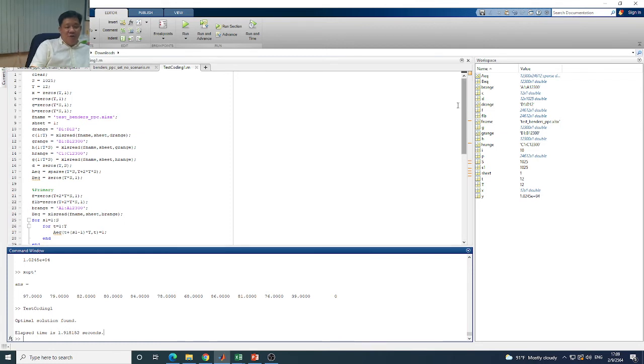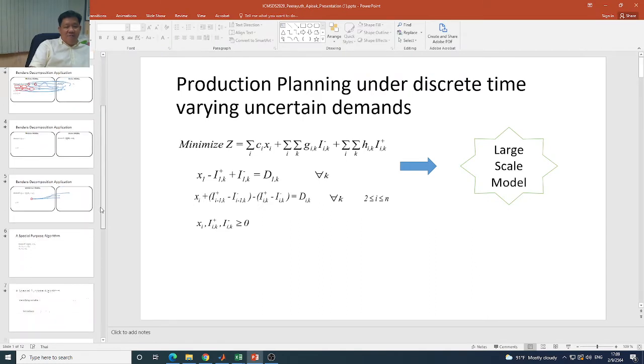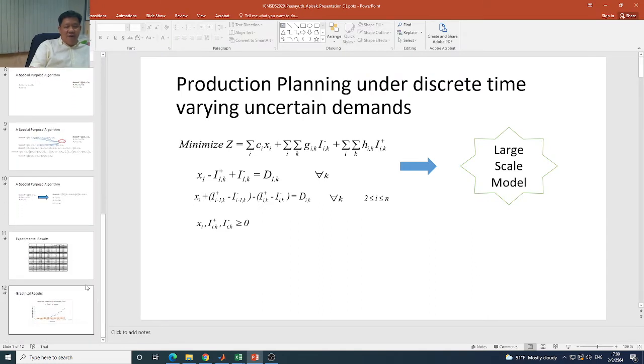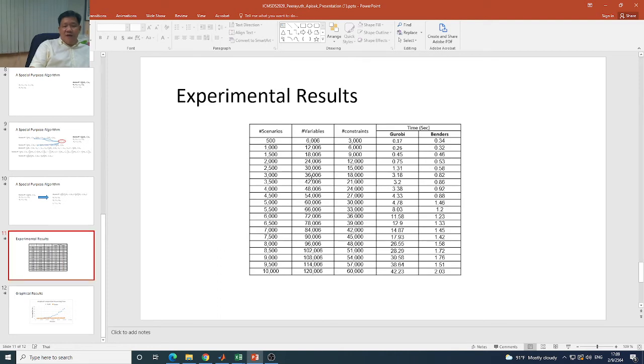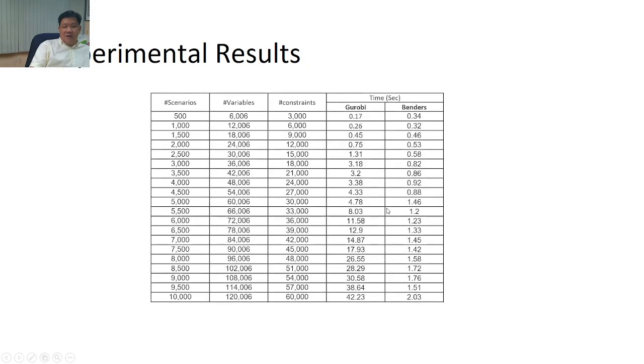Because if you go back to the original PowerPoint that I showed you, based on the results that Apisat has done in this work, remember that when we have a small scenario here, we try to expand it to become larger. Look at the table here. When you have only 1,000 or 1,500 scenarios, the number of periods is certainly not 12.